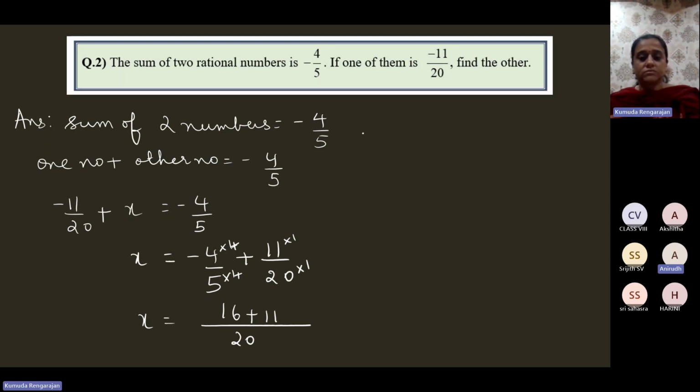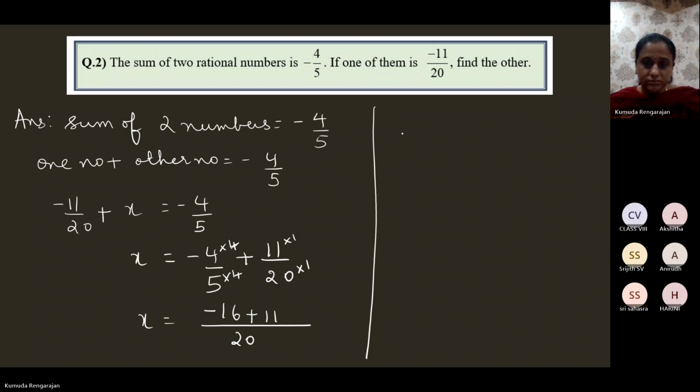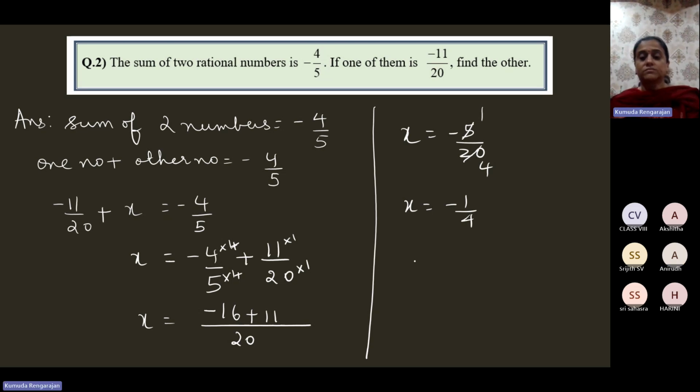Ma'am, minus 16, plus 11. Thank you. Ma'am, it's minus 5 by 20, which is minus 1 by 4. Ma'am, I got the same answer. I'm sorry, ma'am, minus 1 by 4. Correct.